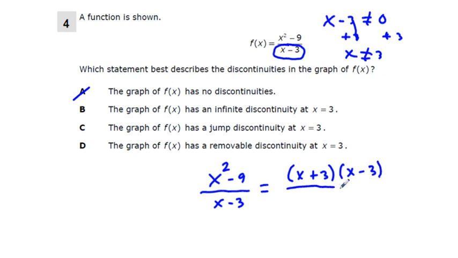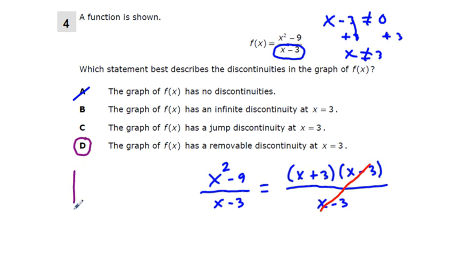And we're dividing, of course, still carrying over x minus 3. And what happens here is we have x minus 3 in the numerator canceling x minus 3 in the denominator. And so the cancellation makes this a removable discontinuity or point discontinuity.